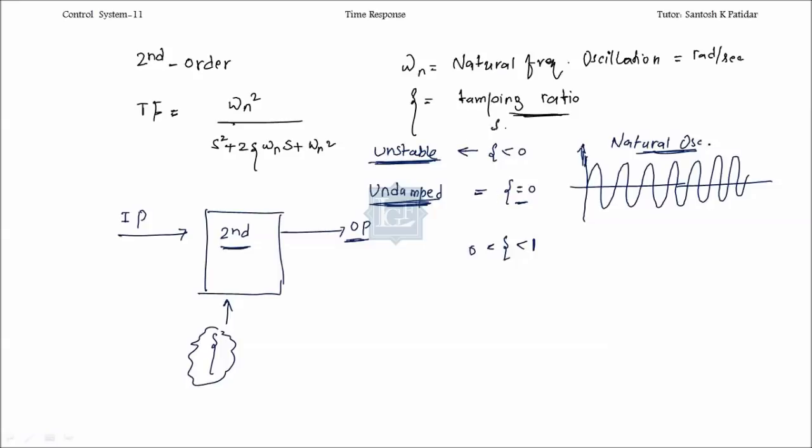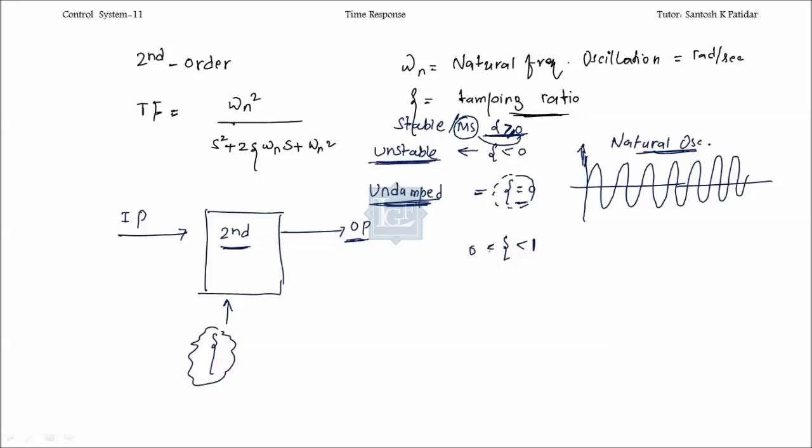So when zeta will be greater than 0, the system will be stable. So if this is greater than or equal to 0, the condition is starting from the 0, stable and marginally stable also, because at zeta equal to 0, the system is marginally stable. We call it marginally stable. That's why I'm taking it here greater and equal sign.